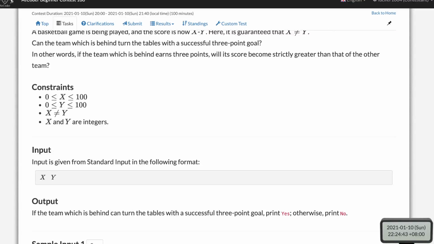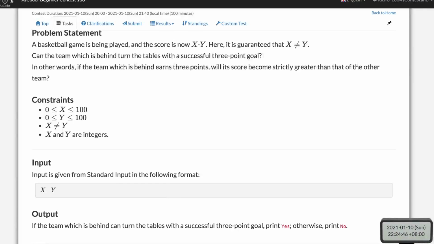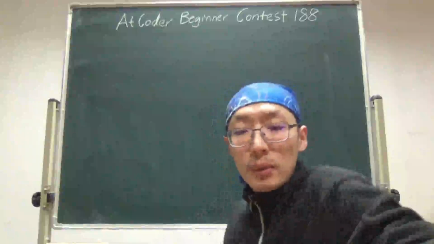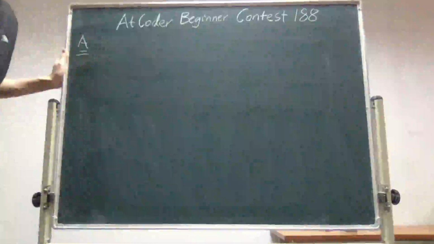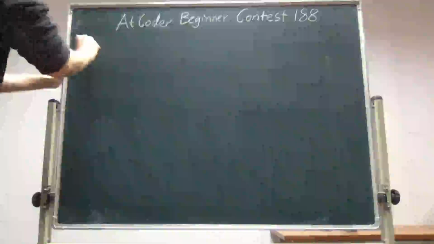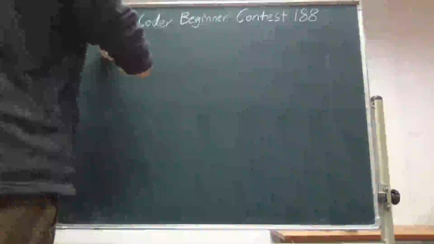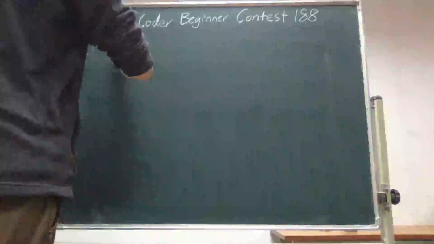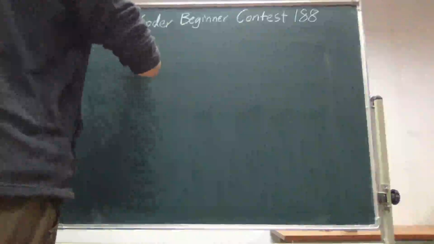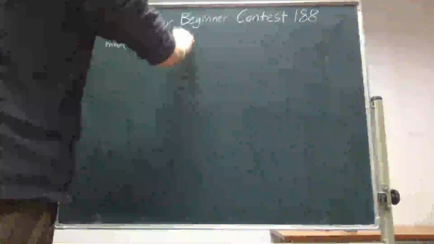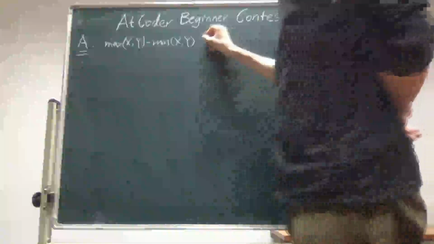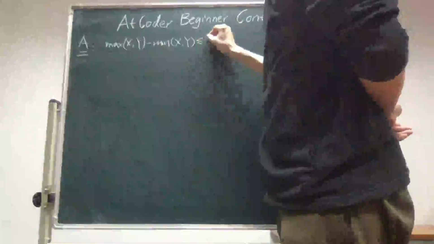So this is an easy problem. We just need to find max of x, y minus minimum of x, y, and we need it to be no larger than 2.